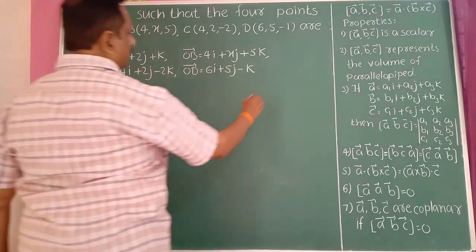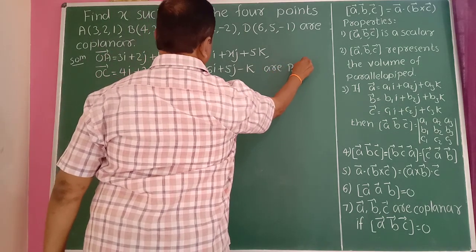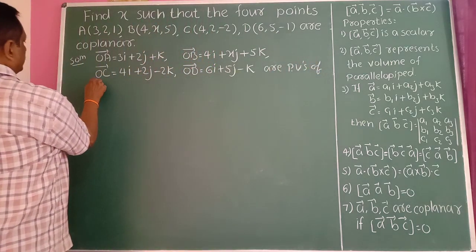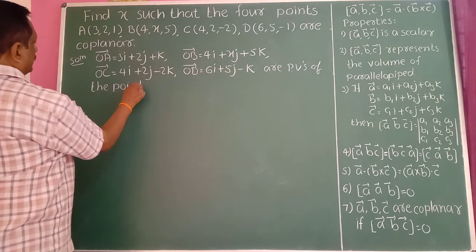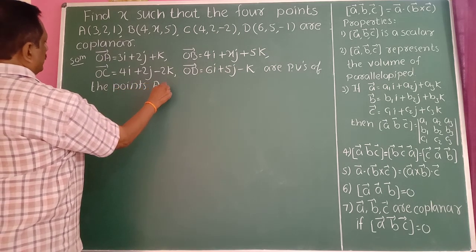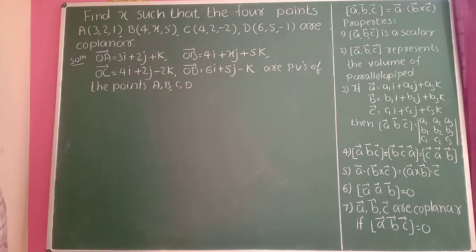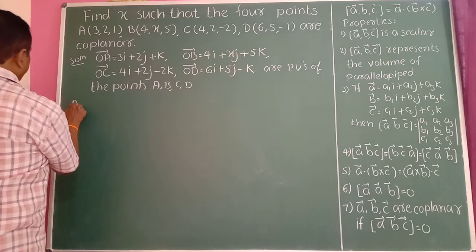Okay, these are the position vectors of the points A, B, C and D. Then we find AB, just like in the previous example.